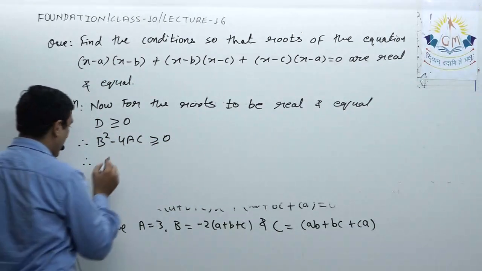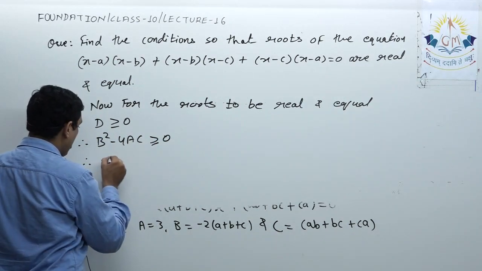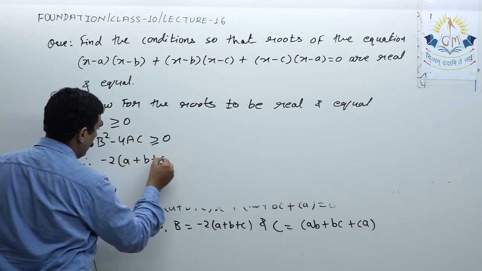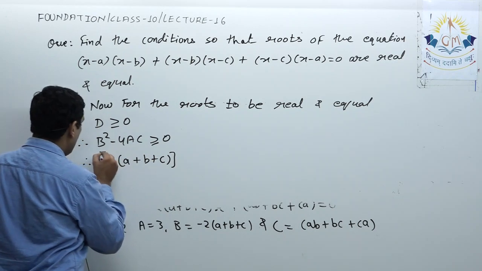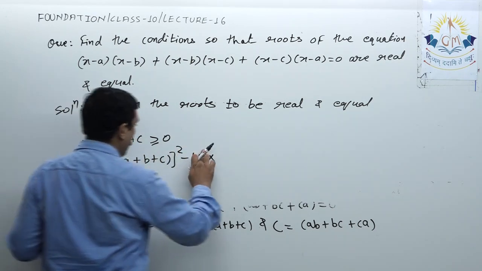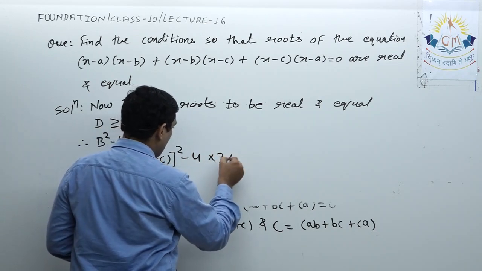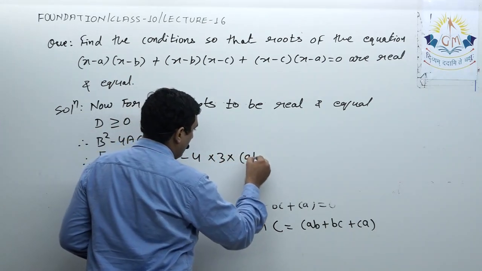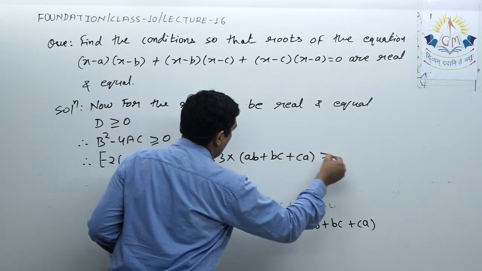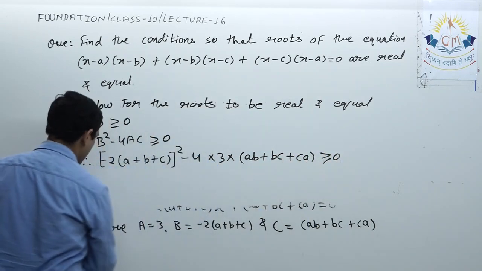Now b square, that is minus of 2(a plus b plus c) whole square, minus 4 into a, that is 3, into c, that is ab plus bc plus ca, greater than or equal to 0.